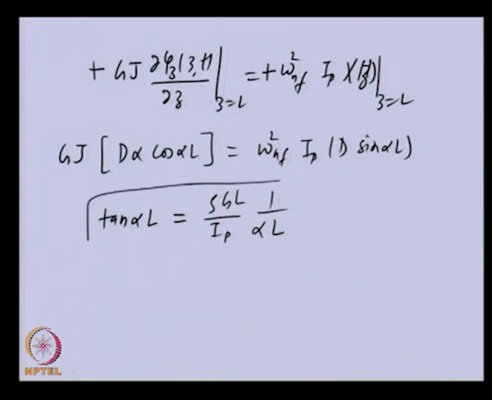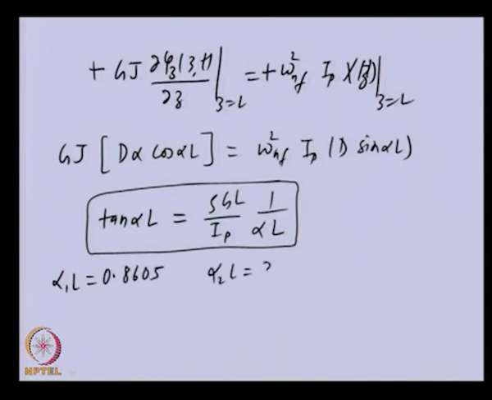Here you can see that the solution of this is not easy, because we need to solve for alpha, which appears on both sides. So, this is a transcendental equation. We need to solve this numerically, and a few solutions of these I am providing here. But we will have an infinite number of solutions.